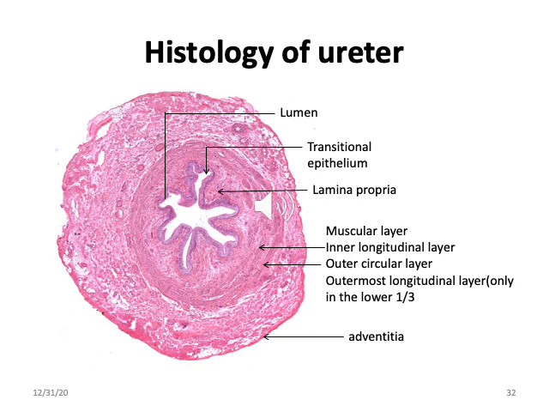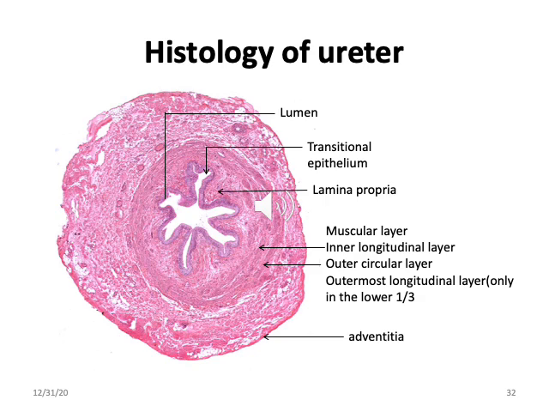A thick fibroelastic lamina propria lies below this epithelium, and there are no mucosal or submucosal glands and no submucosa in the ureter. There is a layer of smooth muscle outside of the mucosa.